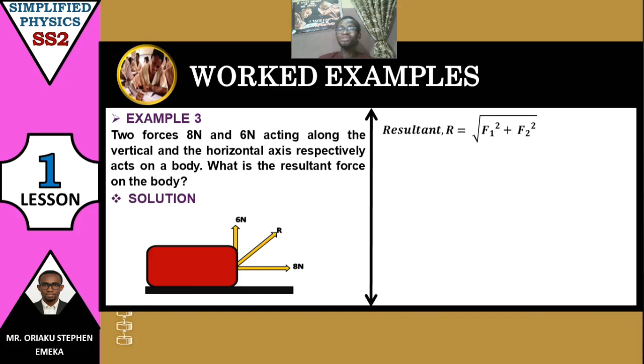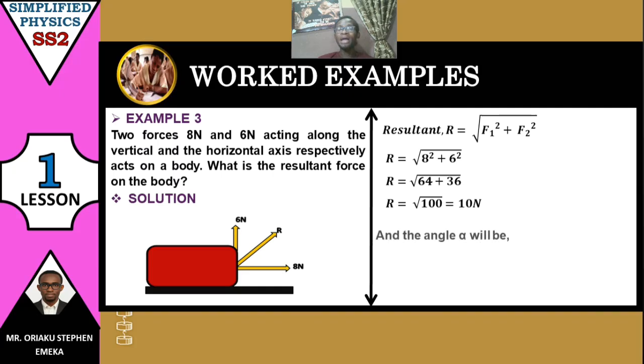The resultant vector is going to be the hypotenuse. So to get that hypotenuse, remember to square root both sides. It's going to be the square root of F1 square plus F2 square, so the square root of 8 square plus 6 square. That gives us 64 plus 36, which is the square root of 100.